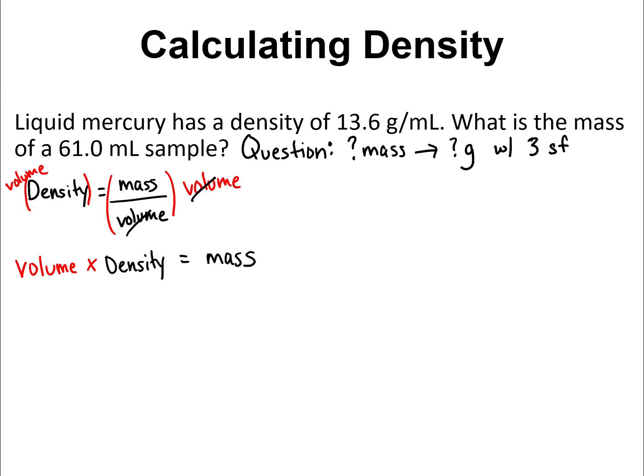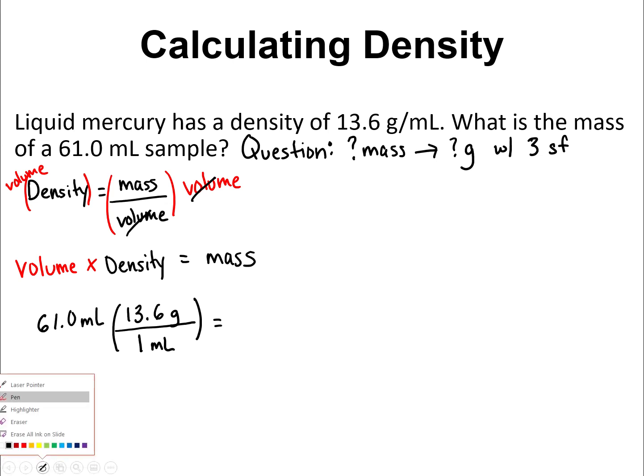Now let's go to our question. We've got a volume of 61.0 milliliters. And our density is 13.6 grams for every 1 milliliter. The milliliters cancel. We have grams.